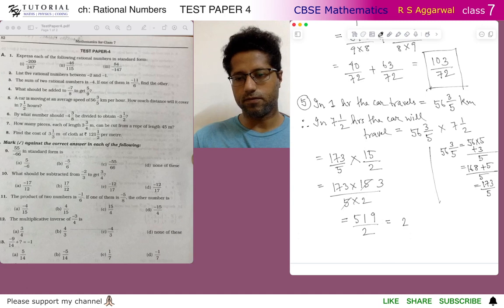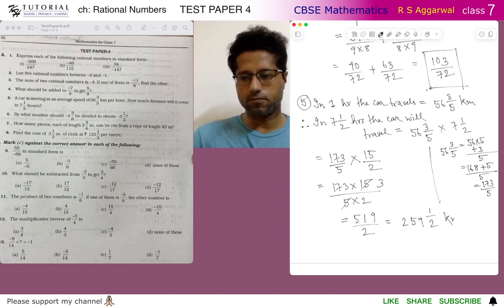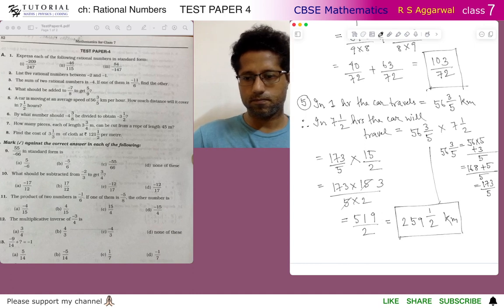So we have 259 and a half of this much kilometer. So this much kilometer will be traveled by the car in 7.5 hours.